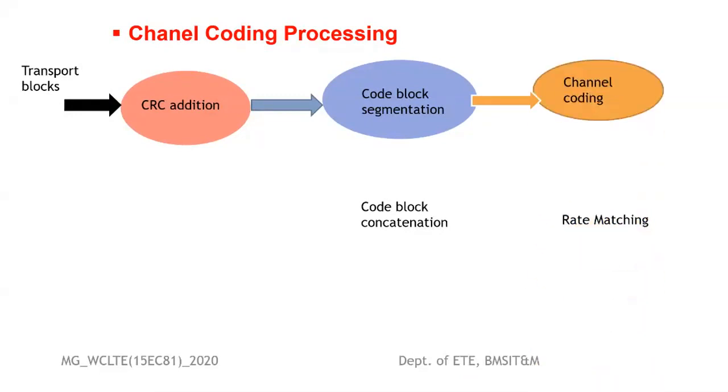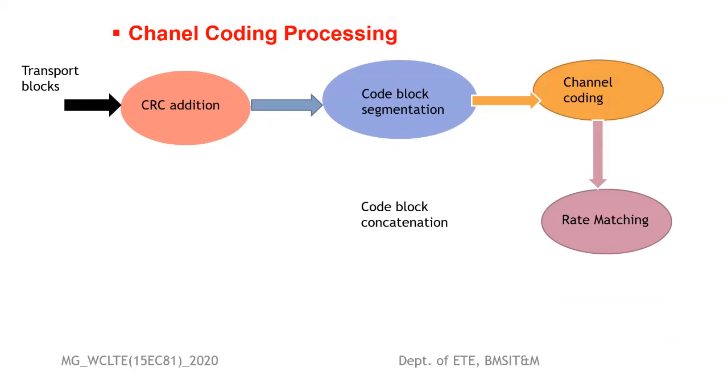We have studied in ITC about various types of channel coding techniques. To mention a few here, convolutional coding with a code rate of 1/3 and turbo coding are used in LTE. After channel coding, it undergoes rate matching.